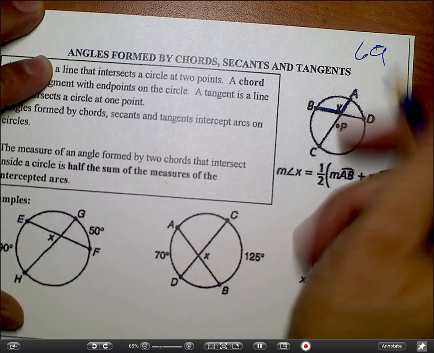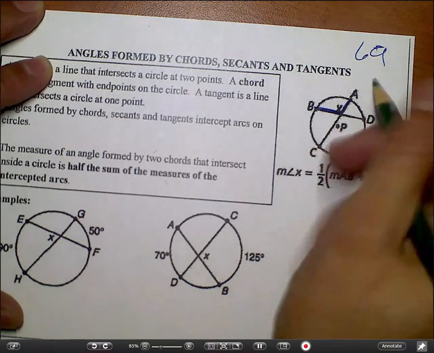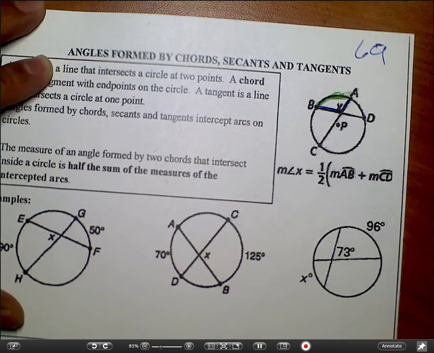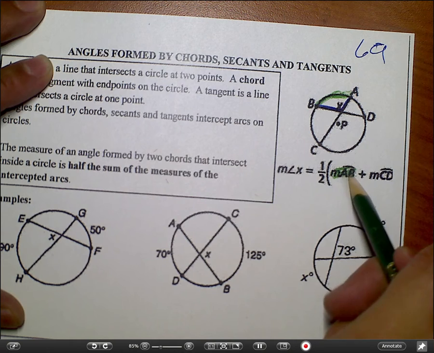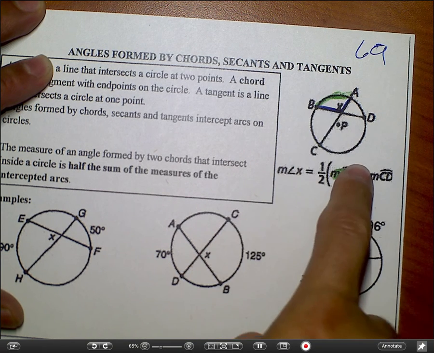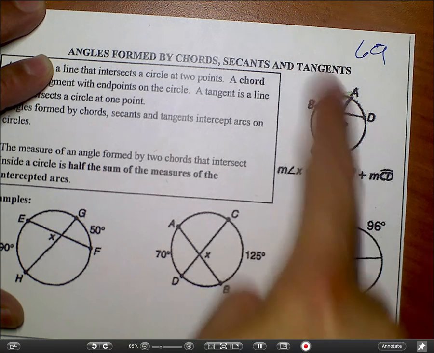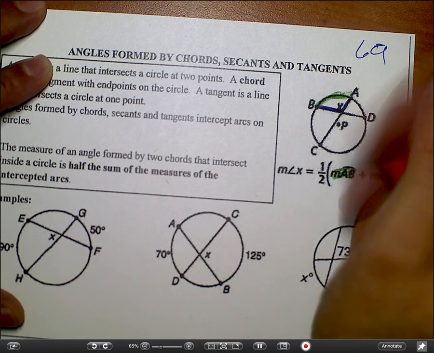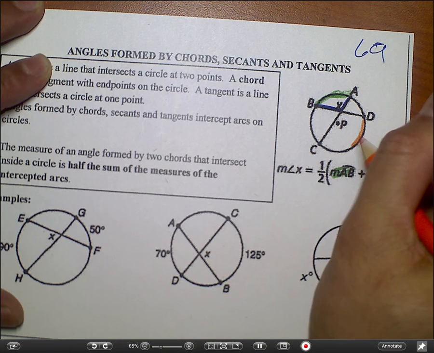All right, so that's my first one. So it's opening up to that. That's measure of BA. Now, the other side of that, opposite that, is going to be CD. So CD is right here.